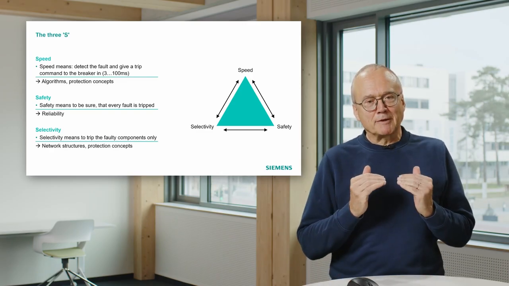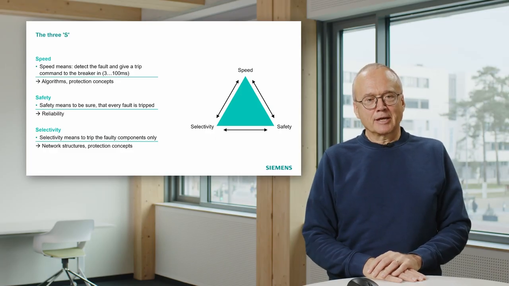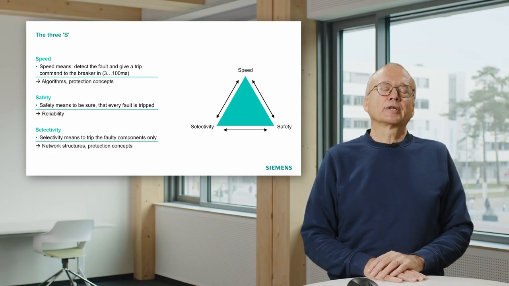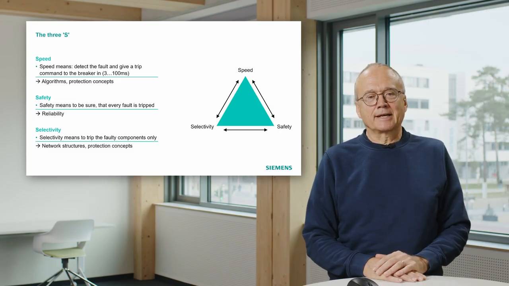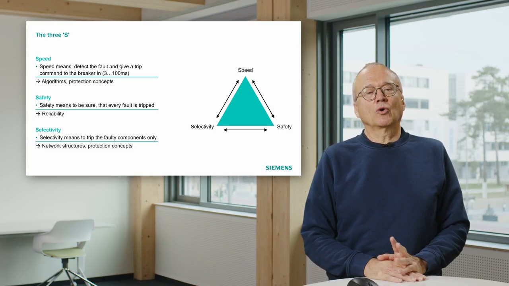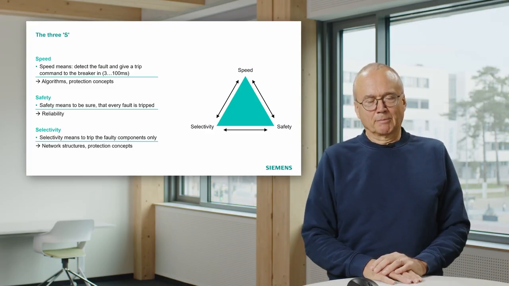That means we must be fast to disconnect the fault if we detect one. And in protection, fast means something like a few milliseconds up to 100 milliseconds, or in cases even more when we have to do compromises.